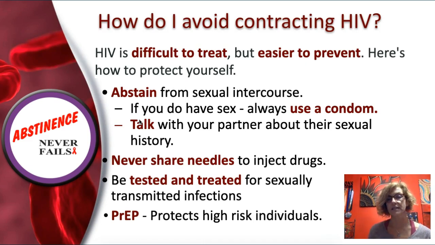So if you know that you had sex with somebody who has HIV, in the first 72 hours, PEP can work very well for you. PrEP is another new medication out that protects high-risk individuals. So maybe somebody who has a partner who has HIV. They're going to be a high-risk individual, and so they can take one of the PrEP pills.